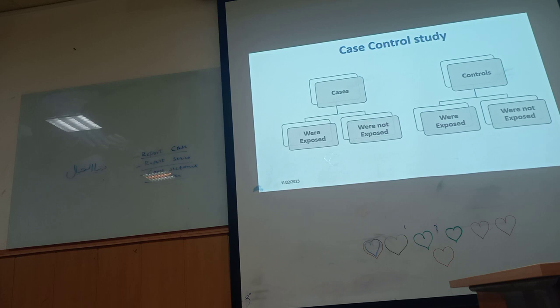Controls are those who do not have the disease of interest, for example, breast cancer. Okay? And ask about the past history of exposure. We ask them if they have had exposure to the exposure of interest in the past or not. Okay? So, in case control studies, we are asking about the exposure in the past. That's why it is called a retrospective study.